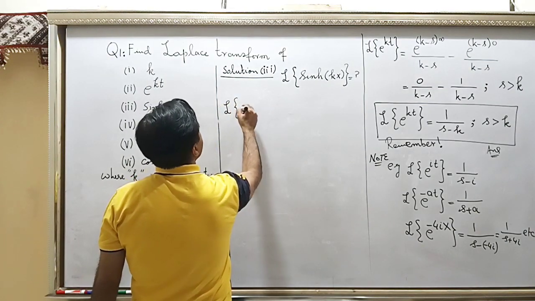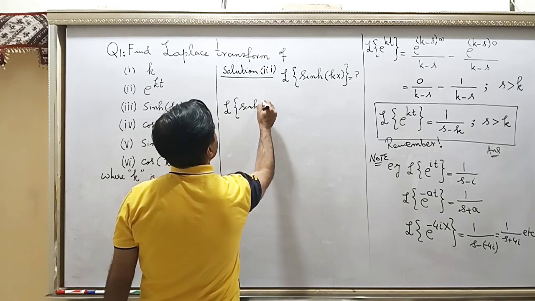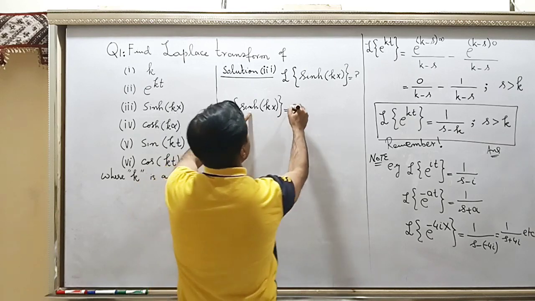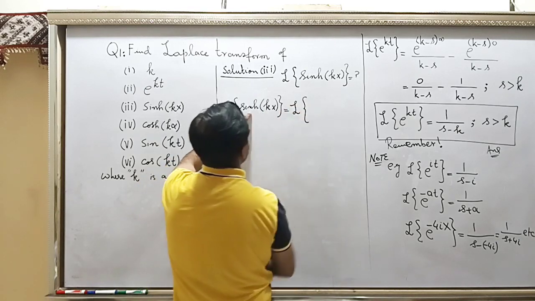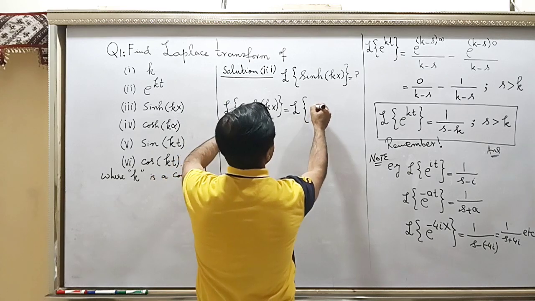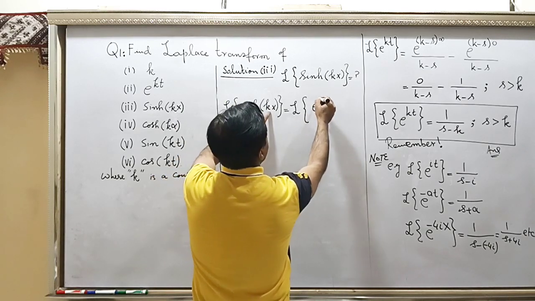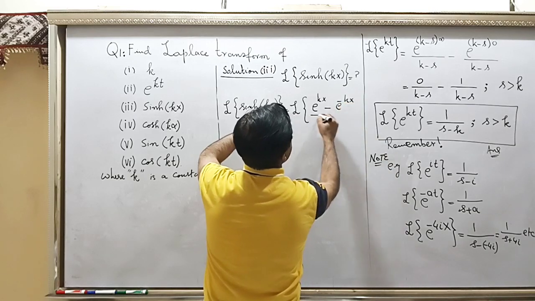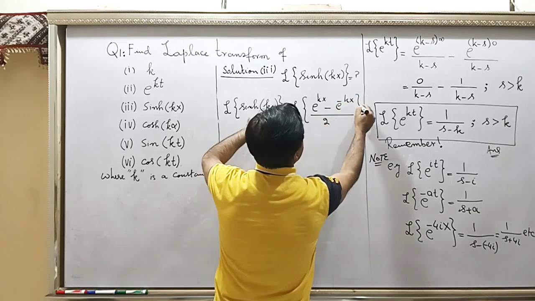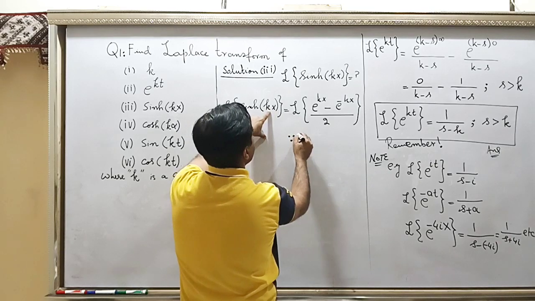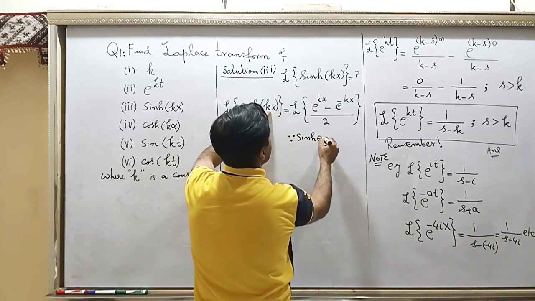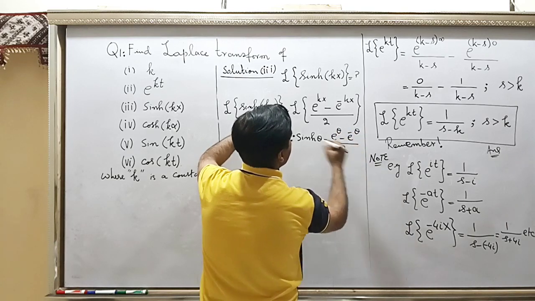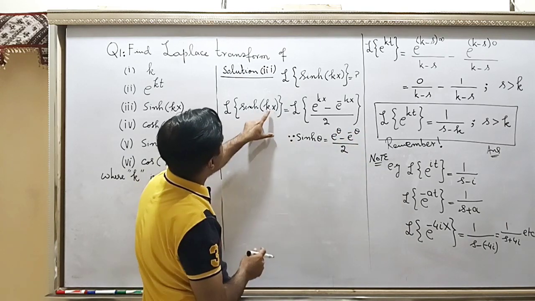L of sine hyperbolic kx will be equal to the Laplace transform of sine hyperbolic. Sine hyperbolic is e to the power kx minus e to the power minus kx divided by 2, because sine hyperbolic theta, you know, is e to the power theta minus e to the power minus theta over 2, and in place of theta you have kx.